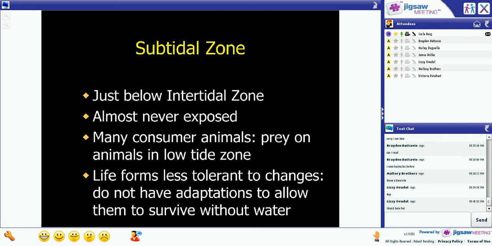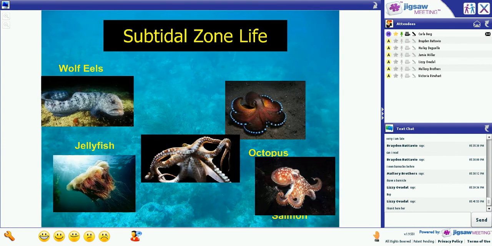These life forms are much less tolerant to changes. They do not have adaptations that allow them to survive without water. So here are some organisms that would live in the subtidal zone. We have wolf eels, jellyfish, and octopus.